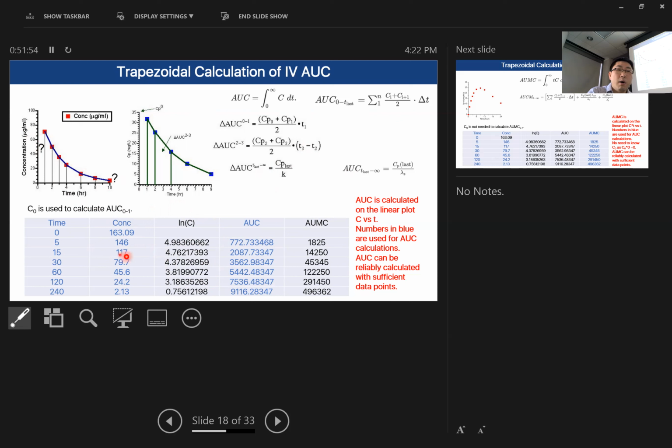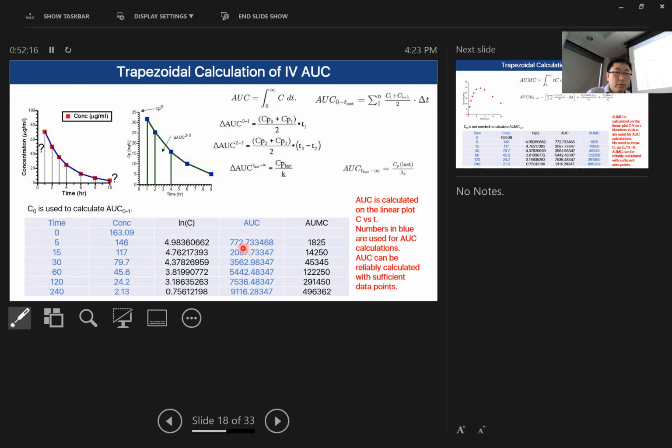So in this calculation, the numbers in blue are used for the AUC calculation. For this one, the 772.7 is basically this one plus this one, times 5 minutes, divided by 2, and so on and so forth.